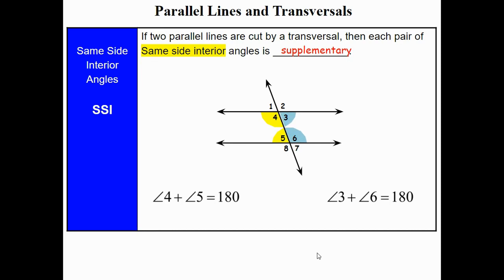So supplementary, same side interior. Another supplementary example is same side exterior. So that would be like 1 and 8, they equal 180, supplementary. 2 and 7 equal 180, they're supplementary. There are a couple other angle relationships we're going to talk about.